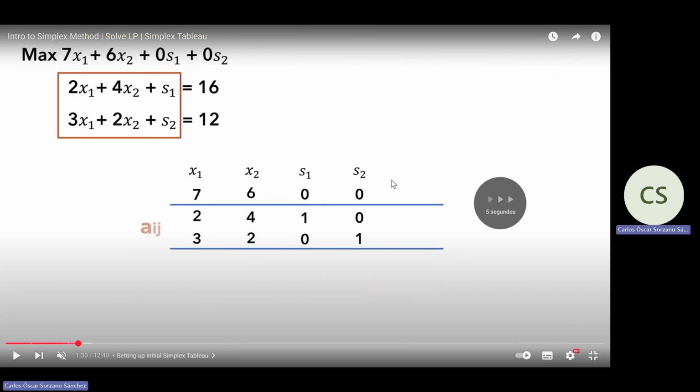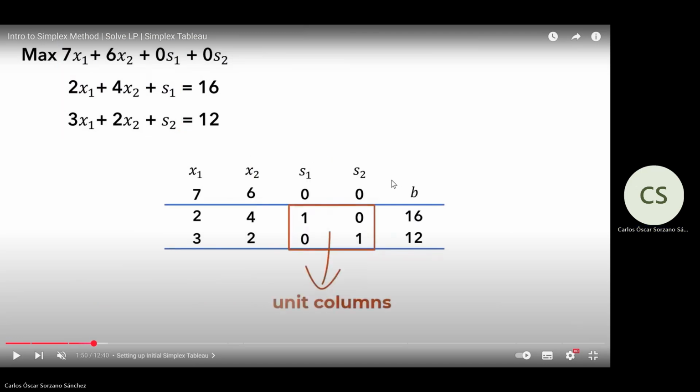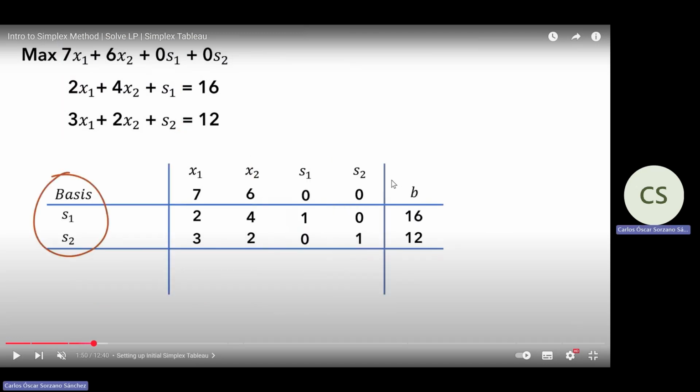Now what we will do is write what is called the tableau. The tableau has something called the basis. The basis is related to the variables that are different from 0.